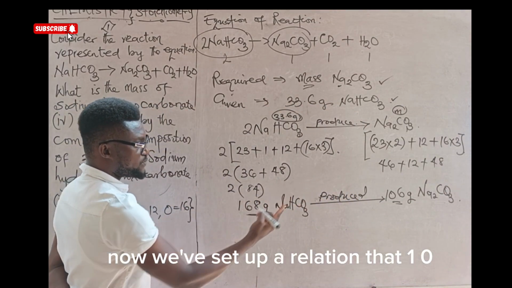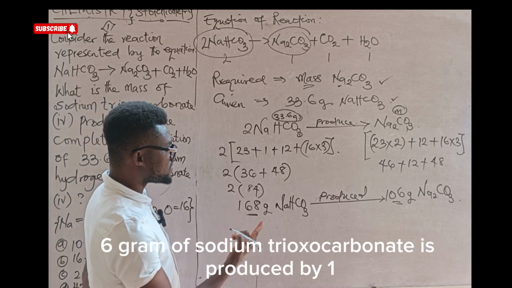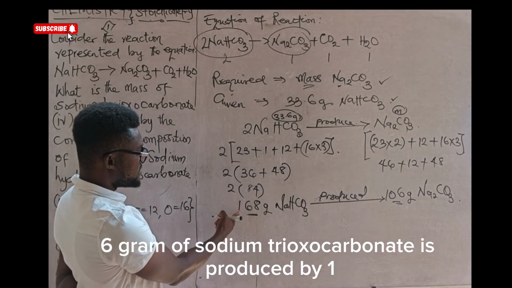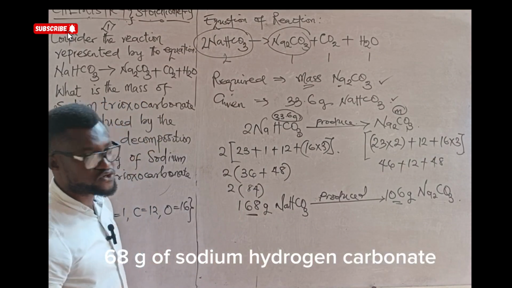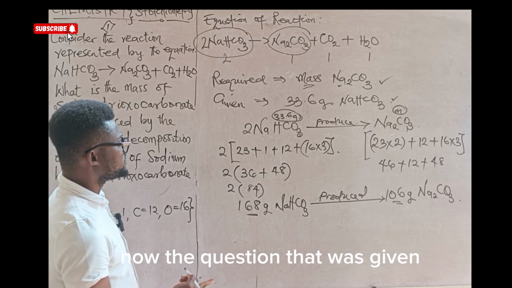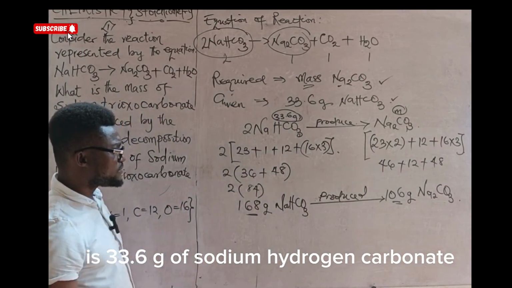Now we've set up a relation that 106 grams of sodium carbonate is produced by 168 grams of sodium hydrogen carbonate. Now the question that was given is 33.6 grams of sodium hydrogen carbonate.